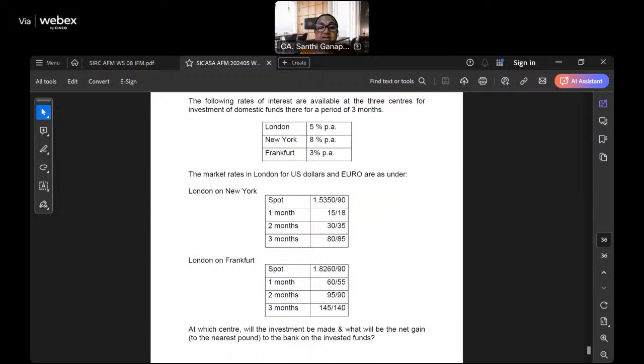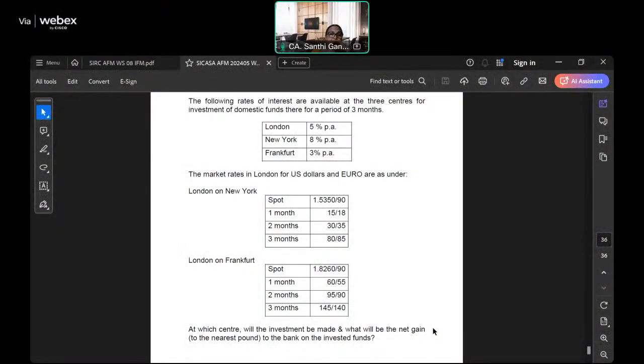First we have London on New York, which means what is given is GBP USD. So GBP will be the base and USD will be the terms. We already know that matter. That hierarchy we discussed, didn't we?